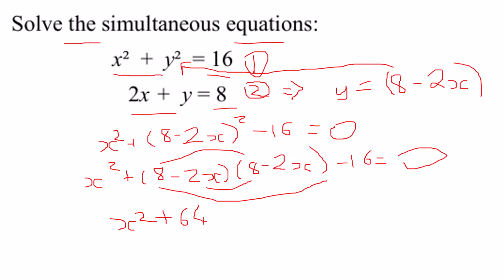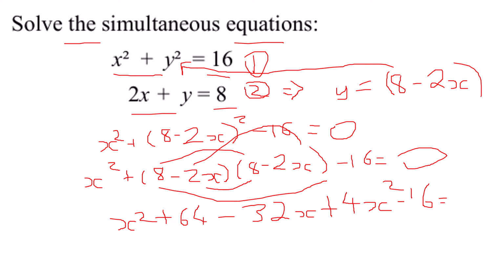So minus 16x minus 16x makes minus 32x. Pause it if you're unsure. Then minus 2x times minus 2x makes plus 4x squared, because minus 2 times minus 2 makes positive 4, and x times x makes x squared. Then minus 16 is equal to 0.